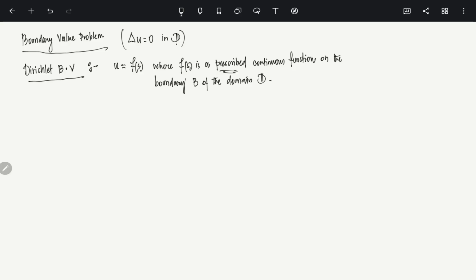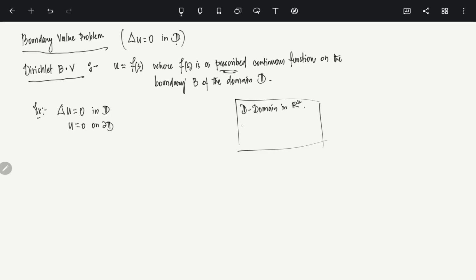Now how do you interpret this? How does it look in real life? As an example, let's say I want to solve this equation, Laplacian u equals 0, in the domain D, and here on the boundary of the domain, delta D. This is called the boundary. Let's say D is a domain in R2. It can be Rn also.